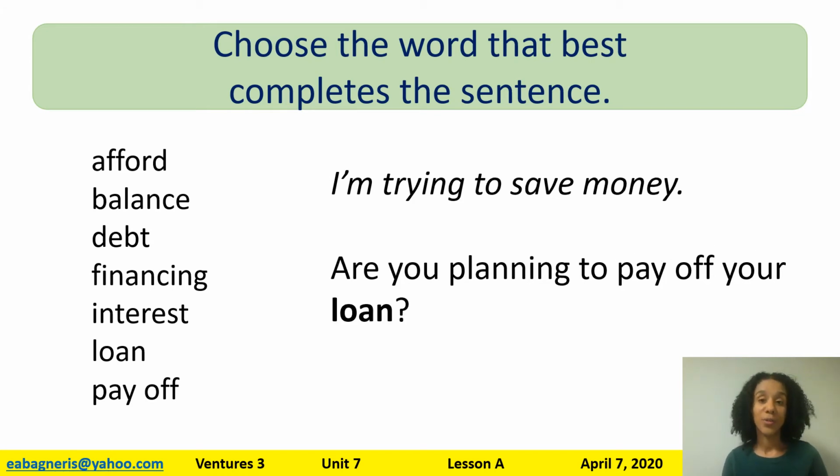Right, your loan. Are you trying to pay off your loan? A loan is the money that you borrow from the bank. If you pay off your loan, it means you pay the bank everything you owe. If you borrowed $5,000 from the bank and you pay all of that $5,000 back to the bank, then you have paid off your loan.